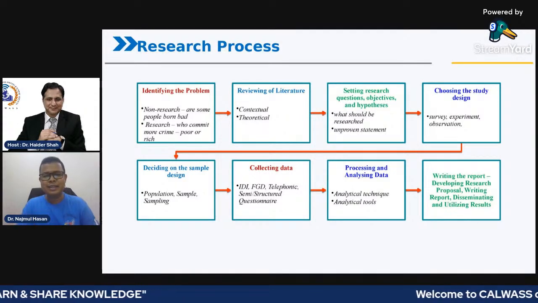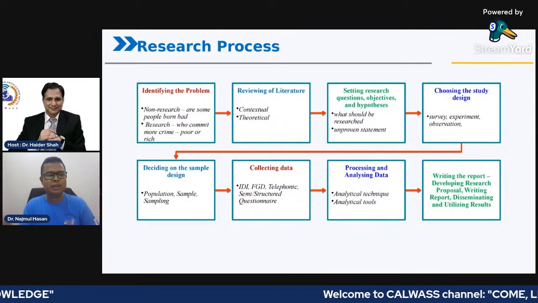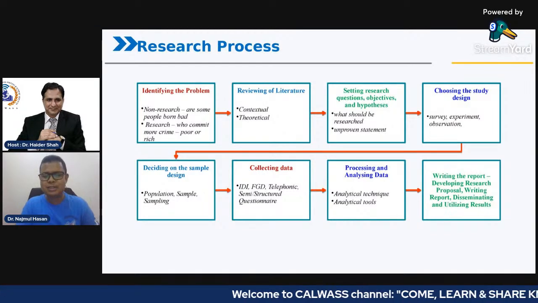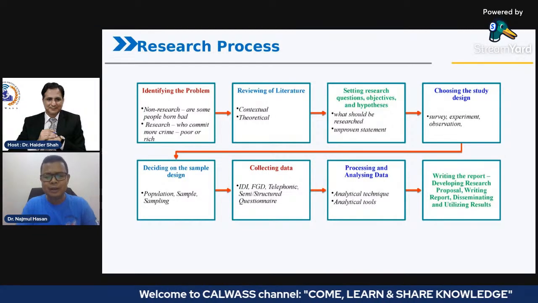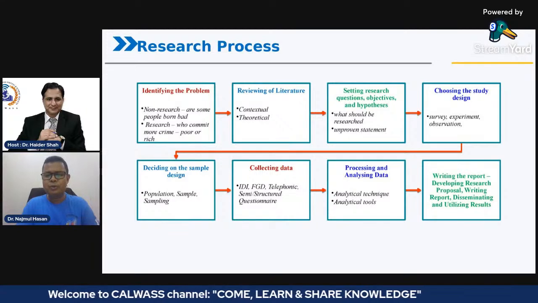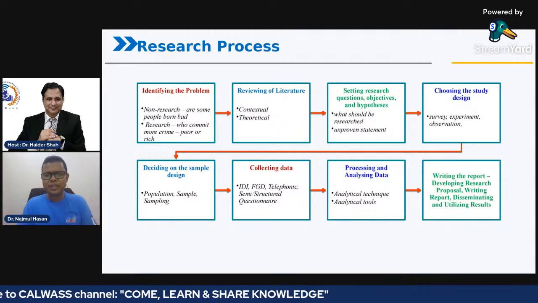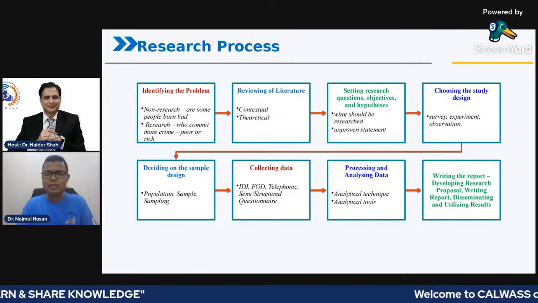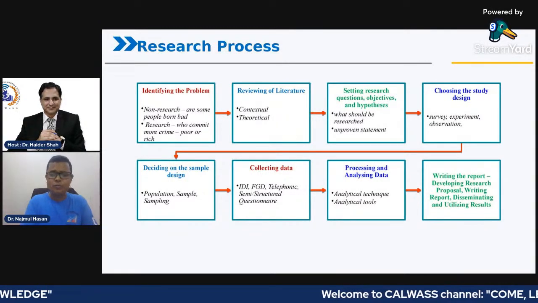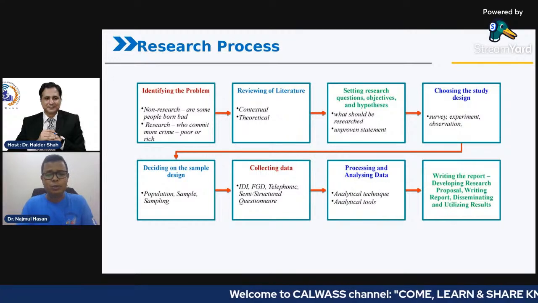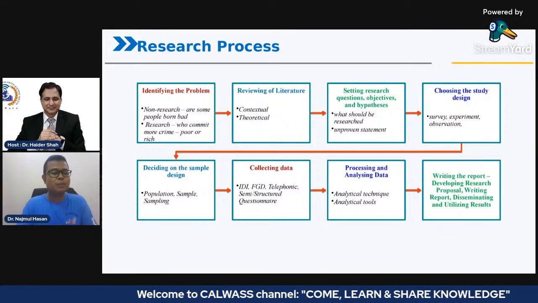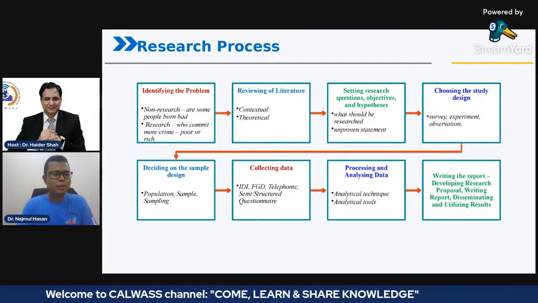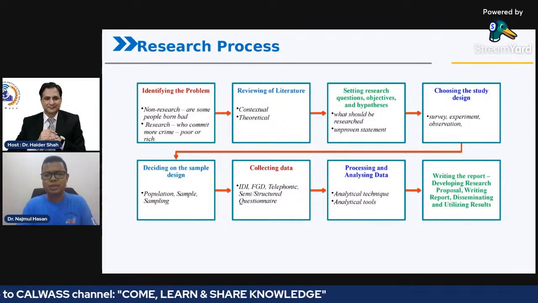And then set the research questions, objective and hypothesis. If your research is experimental or cross sectional, or if you think that your research is an empirical study, right? So you need to consider the hypothesis. In some cases, you will find lots of research where you don't need to consider the hypothesis. For example, a case study or a methodological paper, no need to consider the hypothesis.